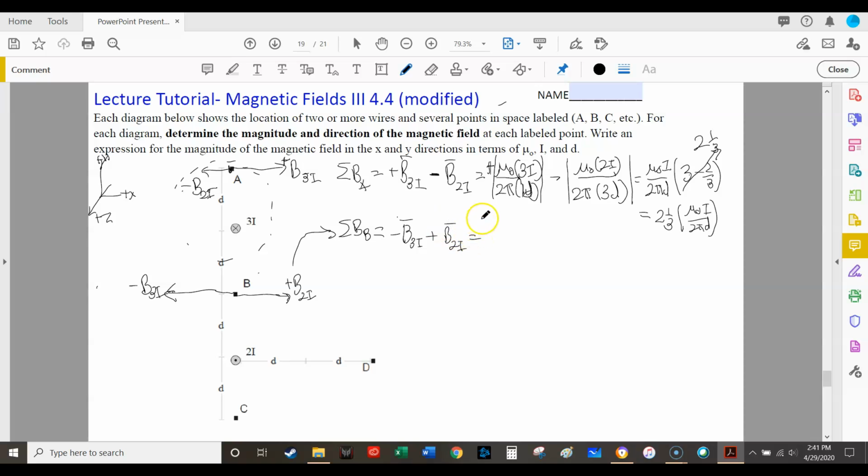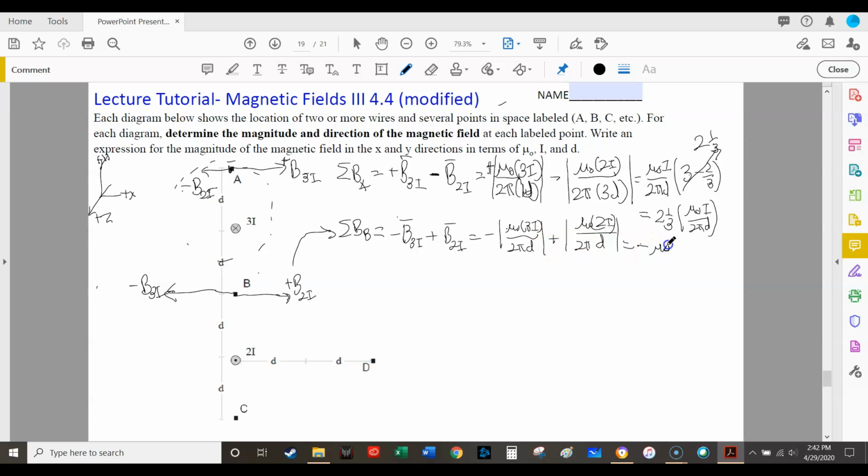And this is going to work out to be a negative mu naught 3I over 2 pi d, pointing to the left, plus mu naught 2I over 2 pi d to the right, which is actually going to work out to be, well, I'll just tell you what it works out to be.